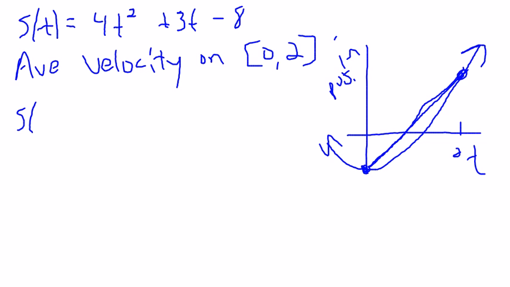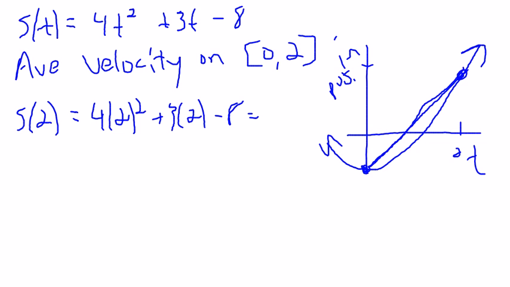So to do that, I do s of 2. So I'm finding this height so that I can use that y value. That height is 4 times 2 squared plus 3 times 2 minus 8, which comes out to, is it 14?